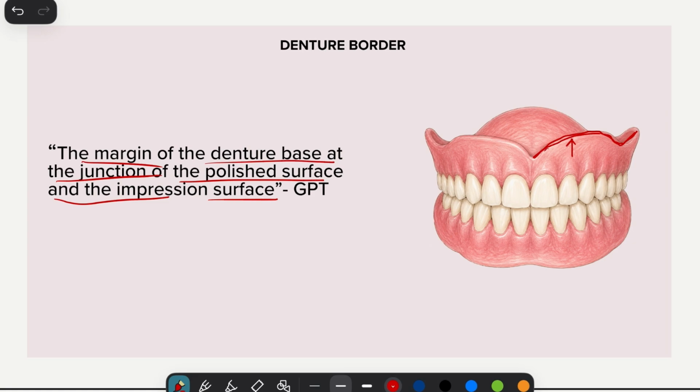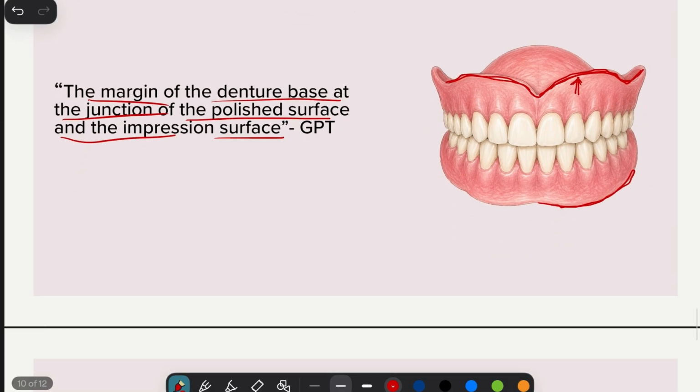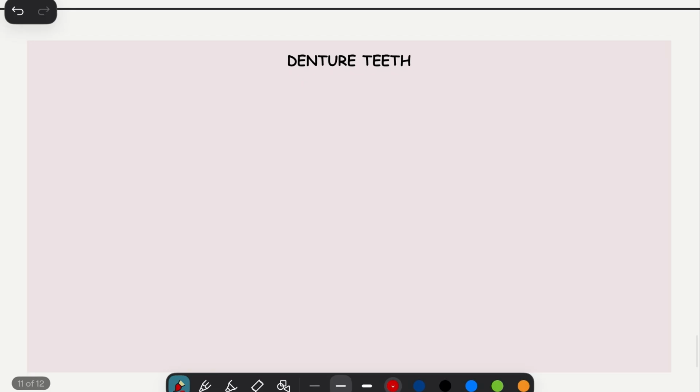So this whole portion here in the maxillary denture and this portion here in the mandibular denture is the denture border. Easy, right?